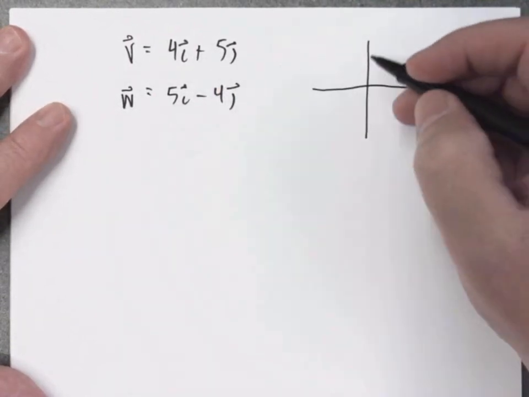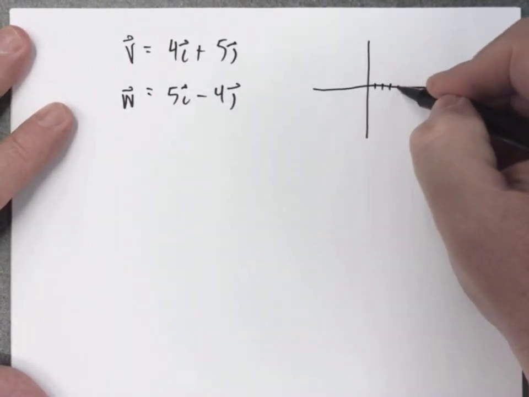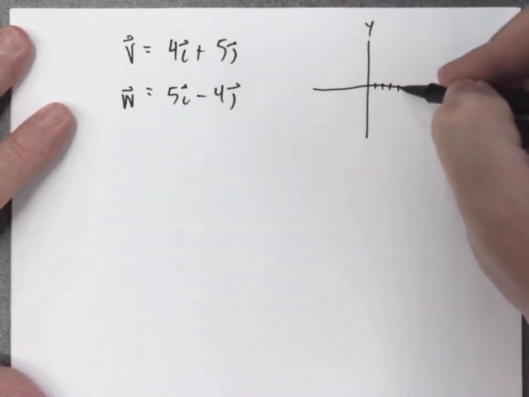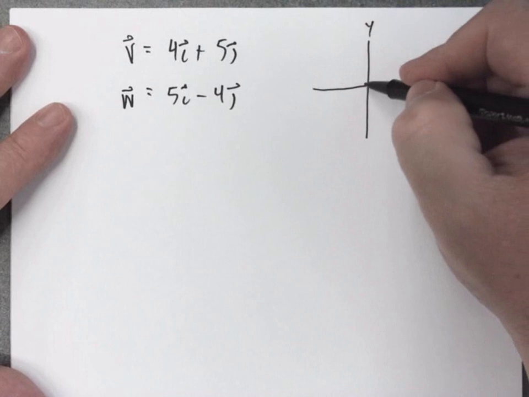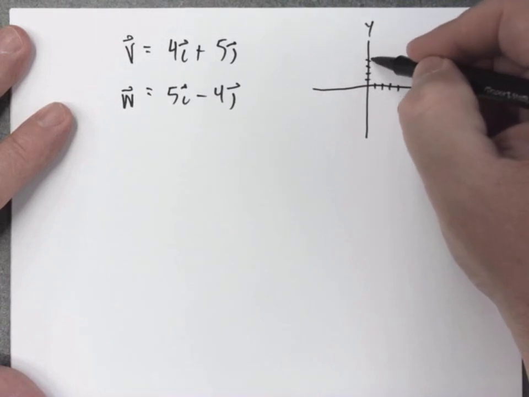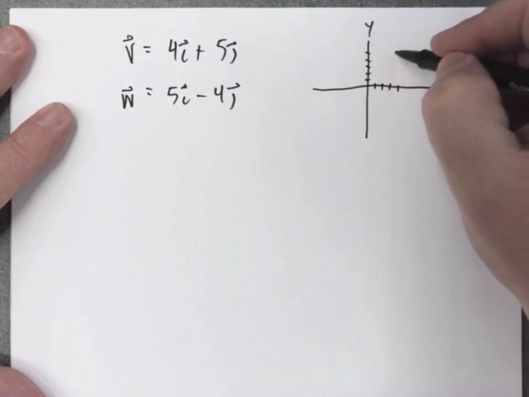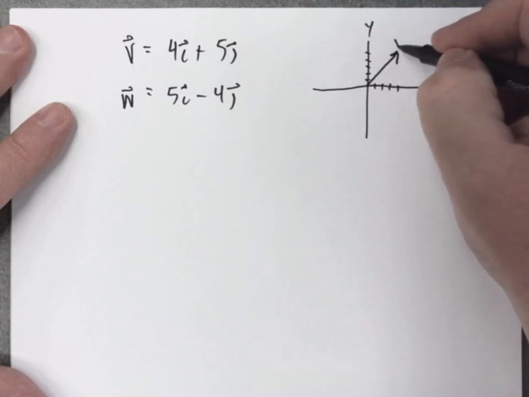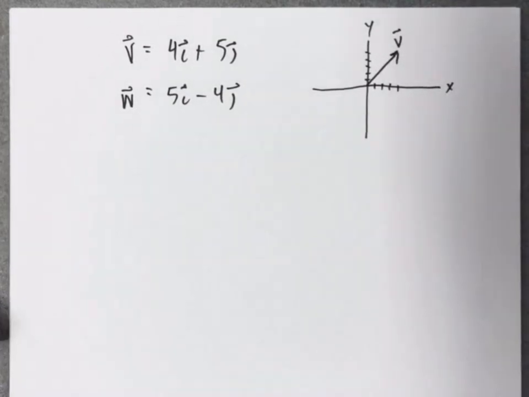So 4i plus 5j, 1, 2, 3, 4. So this is the i, the x-axis, 1, 2, 3, 4, 5. So 4i plus 5j, there's vector v.